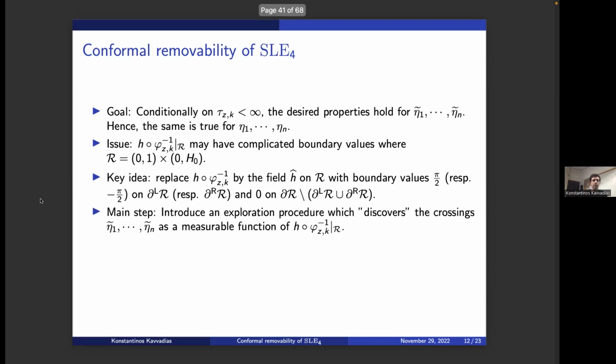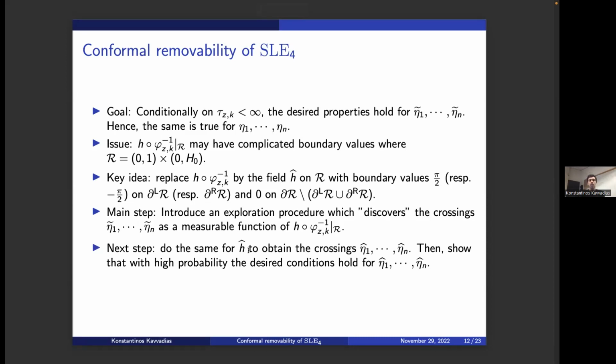But for that, we need somehow to obtain these crossings in a measurable way with respect to the field. Therefore, the main step here is to introduce an exploration procedure, which discovers these crossings eta j tilde as a measurable function of the corresponding field. That's the whole point. I guess I will have some time to mention how we actually construct this exploration procedure.